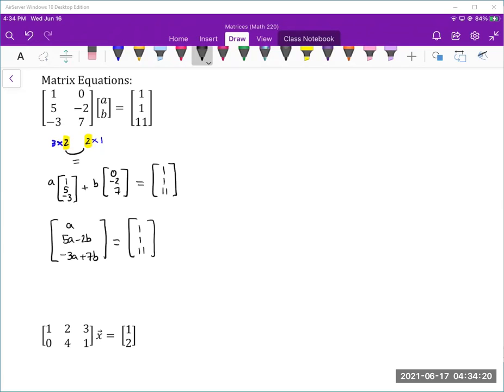And we can solve this using an augmented matrix. So our vectors here, 1, 5, negative 3, and 0, negative 2, 7 become the columns of our matrix. These are the coefficients of our unknowns A and B. And our augment is this right-hand side, the vector 1, 1, 11.